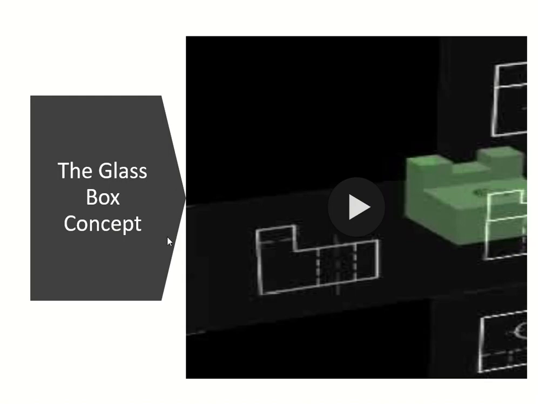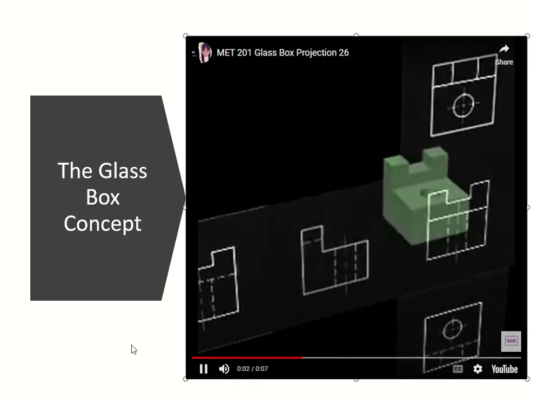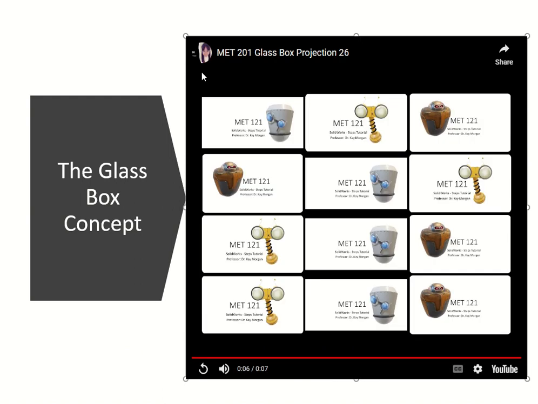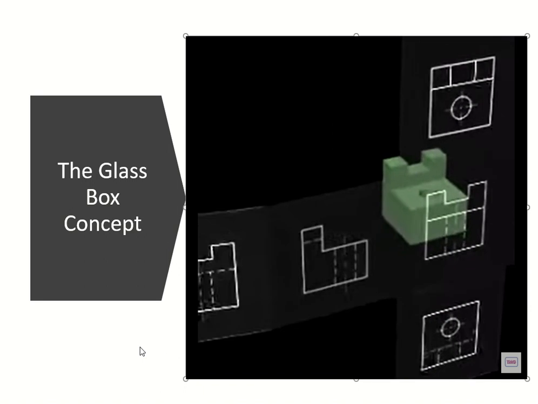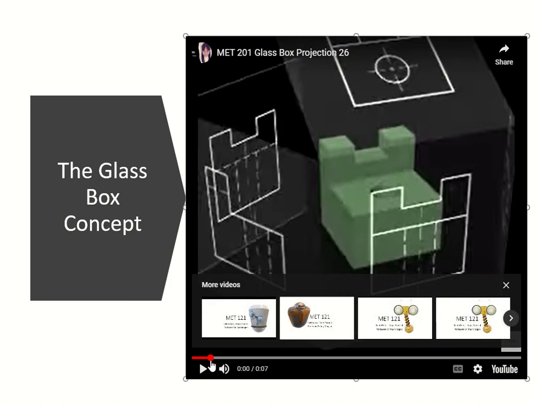Alright, so this is just a shorter video. You can watch it and visualize the glass box concept. See all 6 sides and views, pretty short, and we can play it again. Or I can just go little by little.